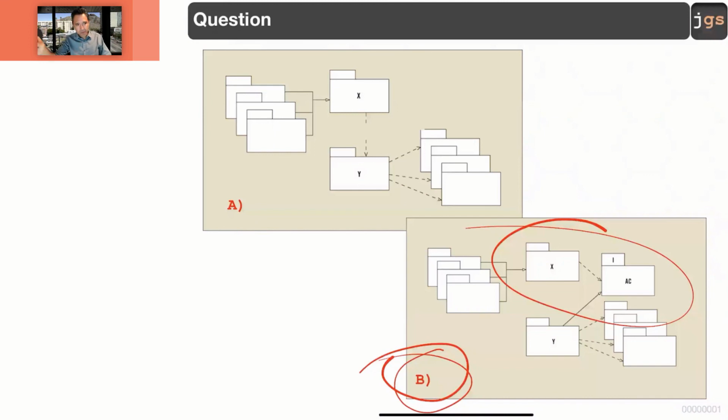Can you create an object? If you can create the object, it's a concrete class, and you know it's not abstract. When you have an interface, you can use the interface to create the variable, but you cannot use the interface to do the equal, new, and the name of the interface, right? So that is the rule that you can follow. It doesn't matter if the class is internal or external. So that is the rule.